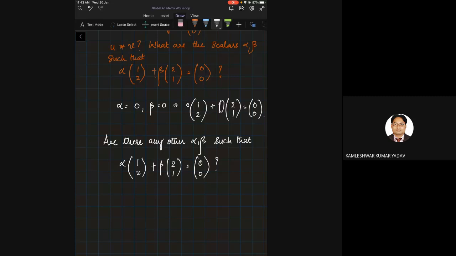Can we find any other values of alpha and beta such that alpha times (1, 2) plus beta times (2, 1) is 0?